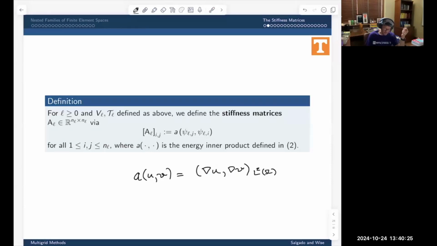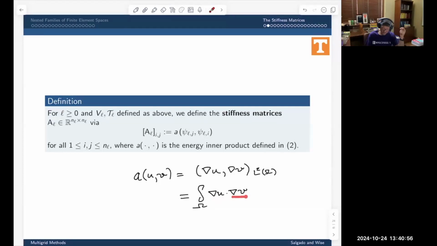I should say something about this object here. So what does that mean? By definition, this is the integral over omega, not 0 to something, but just over omega, of grad u dot grad v. Okay, so grad u is the nabla operator acting on u, and that gives a vector.